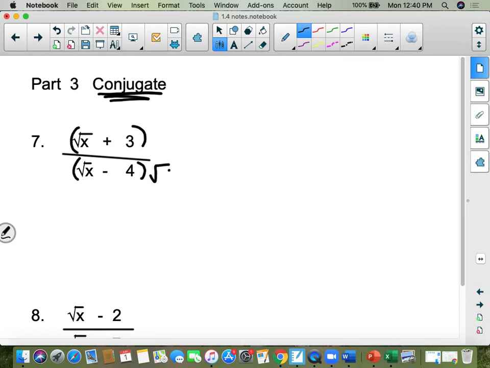What happens if I multiply the top and the bottom by the square root of x? The square root of x times the square root of x makes x. I got rid of the radical, didn't I? Minus 4 times root x. I didn't get rid of it. I just moved it over to the 4. Everybody see that? So just multiplying by the square root of x does not work.